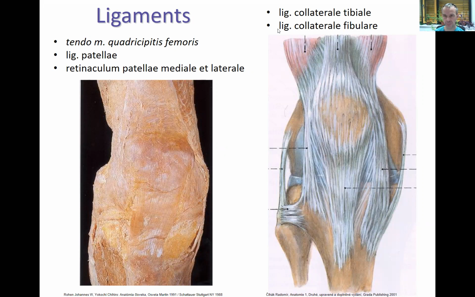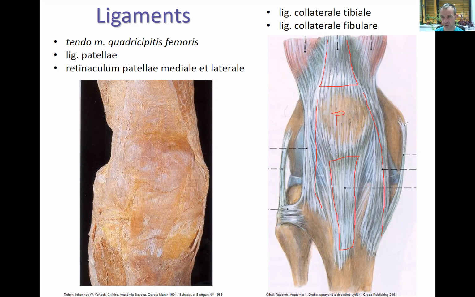And now, again, to review the ligaments. The strongest ligament is the patellar ligament, which is a prolonged insertion of the quadriceps muscle tendon, and in between we find the patella. It is strengthened on the sides by two retinacula, the medial and lateral patellar retinaculum.